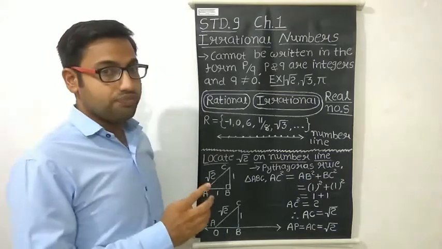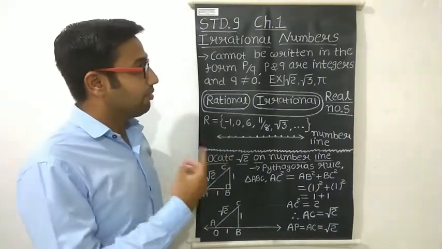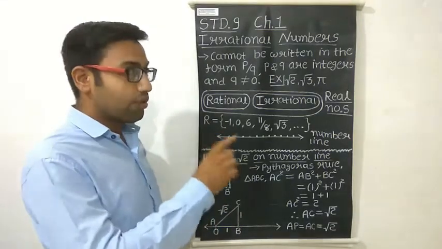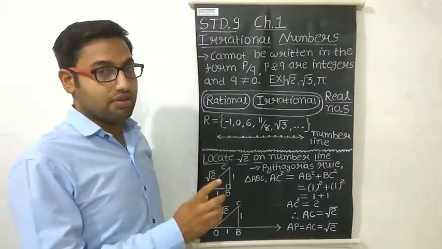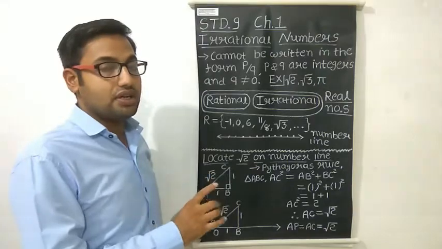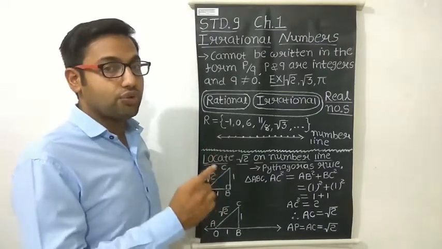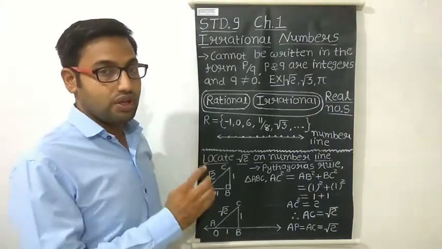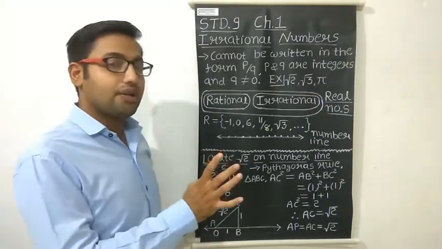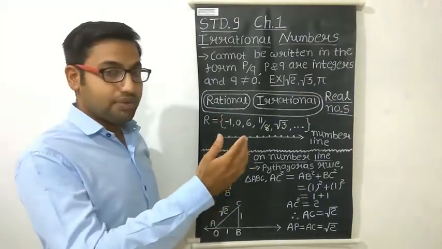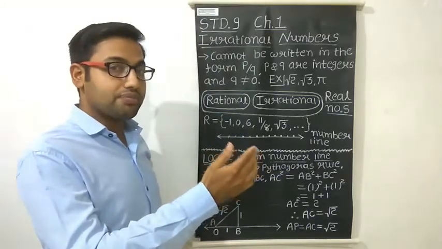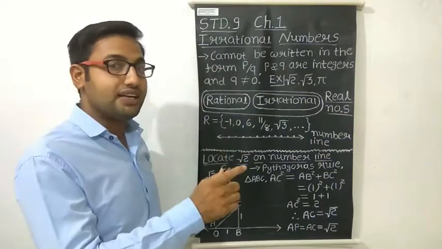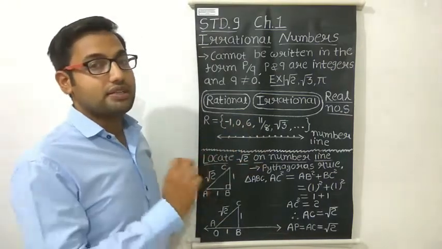Right? So, the members in the rational number set are in P upon Q form. That means the numbers which we can represent in the form of P by Q are called the rational numbers. So we know that the rational numbers contain all the members of the previous number sets, like all the natural numbers, whole numbers and integers are rational numbers.